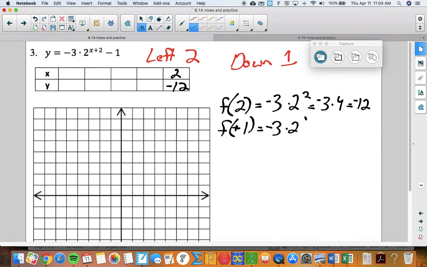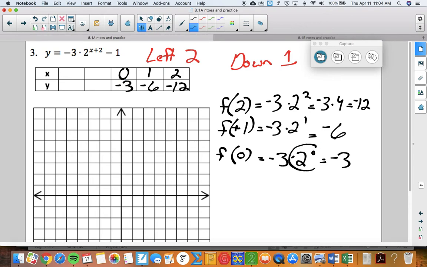-3 times 2 to the 1, we get -6. 0, remember when it's 0, it's just going to be that a value, the multiplier out in front, because this becomes 1. Let's do some negative values. -3 times 2 to the -1. The -3 stays on top.